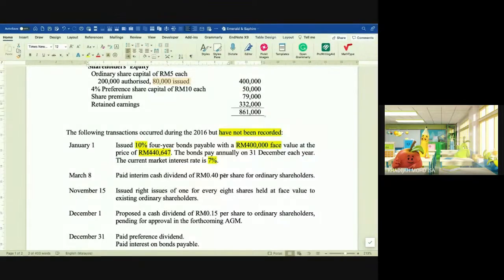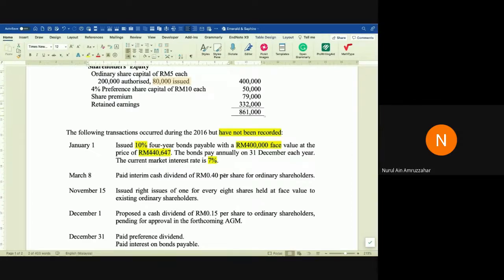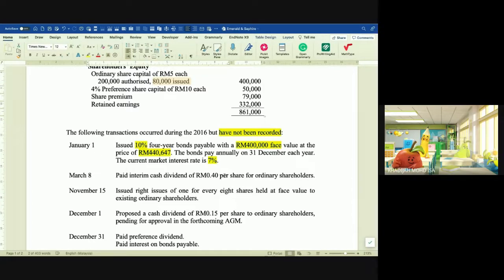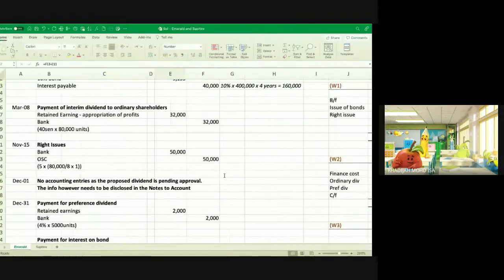So how much is the dividend? 0.4 times 80,000, so it will be 32,000. So what will be the journal entries? Debit your dividend, credit your cash. I hope that I got it right.